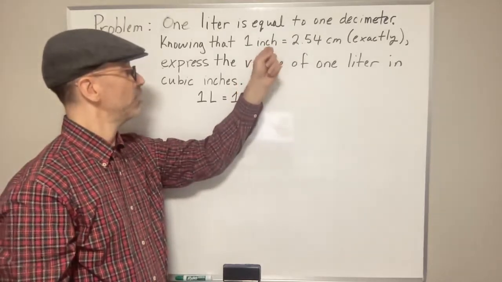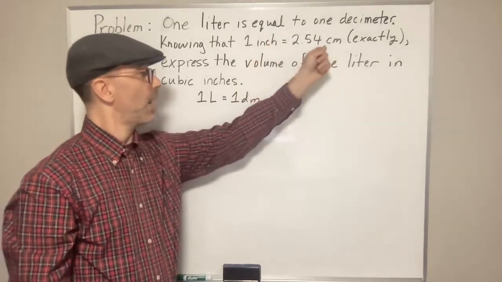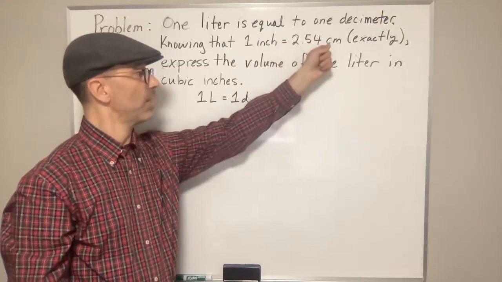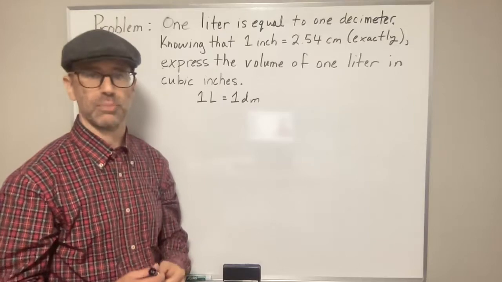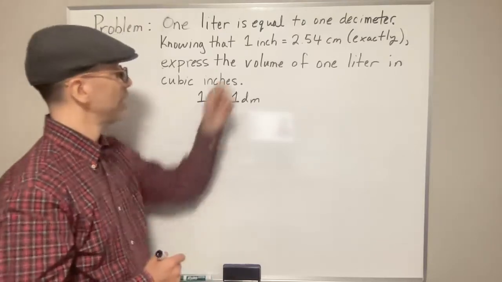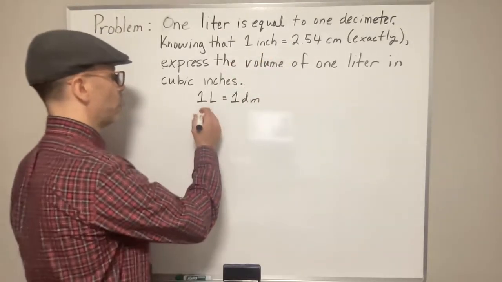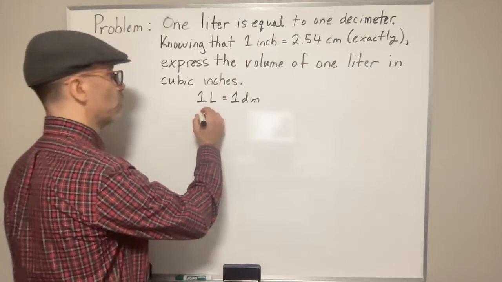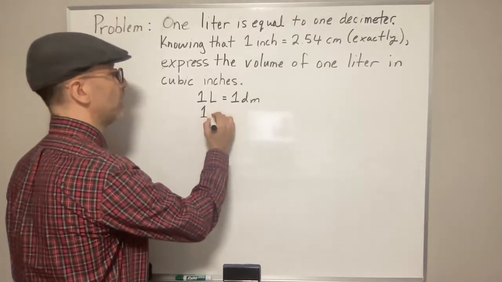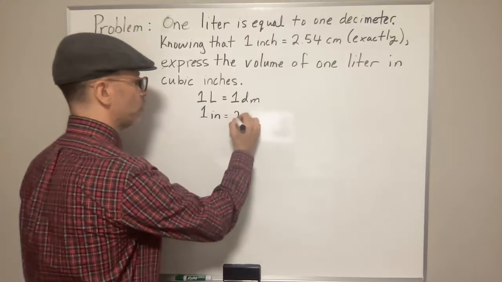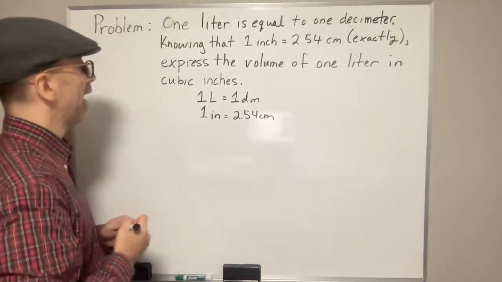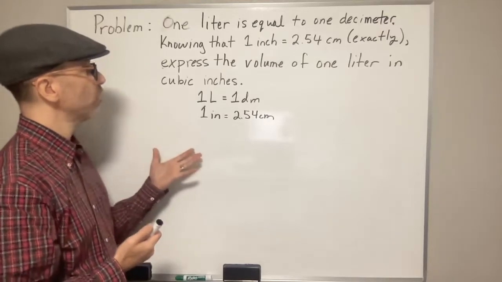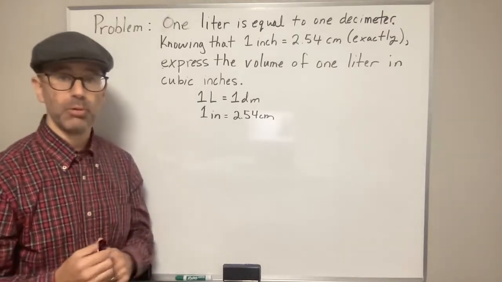But any other time you have an English unit equated with a metric unit, that's going to be an inexact relationship. It's going to be a measurement. But in this case, it's exact. So we're going to write that down as another equality that they gave us. So 1 inch is equal to 2.54 centimeters. And those are the only relationships they have given us in the problem.